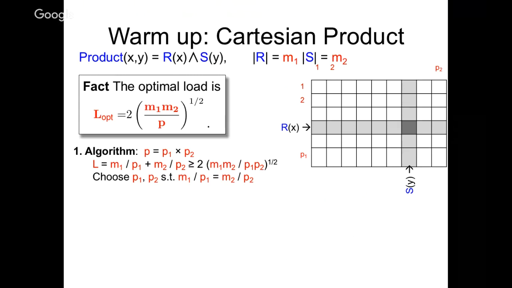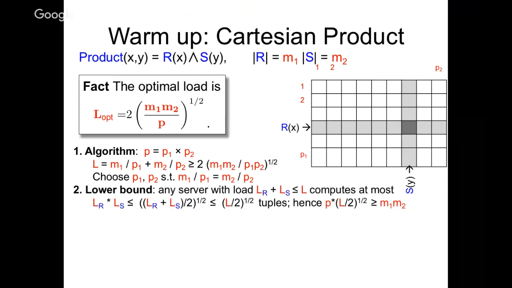And then we hash partition R to the rows, and every record of R is going to be replicated across the entire row. And we hash partition S to the columns, and we replicate S across the entire column. After this single communication round, every server will output locally all the tuples that it has received. It's easy to optimize for P1 and P2, and we get that the load is indeed what we have there.